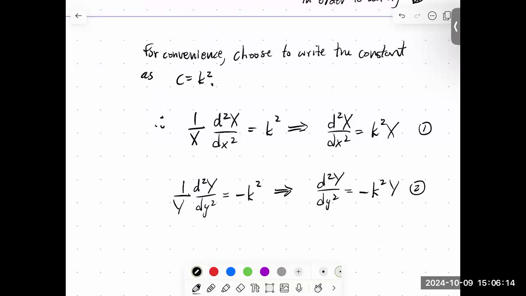So the advantage of separation of variables is that we started with a partial differential equation with second order, hard to solve in general. And now we've ended up with 2 ordinary differential equations that aren't mixing up the x's and the y's.